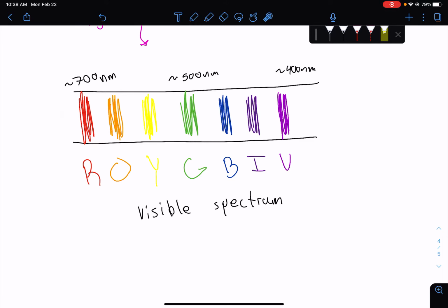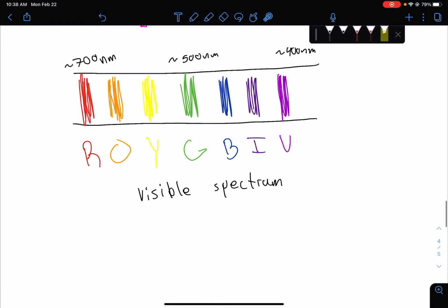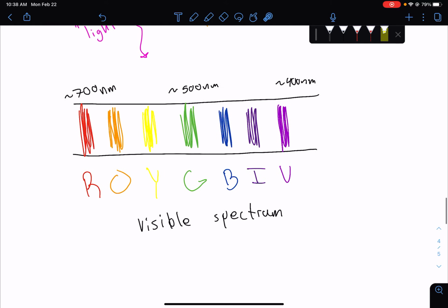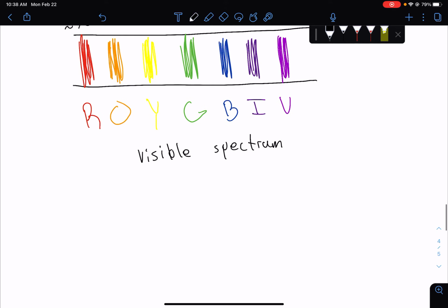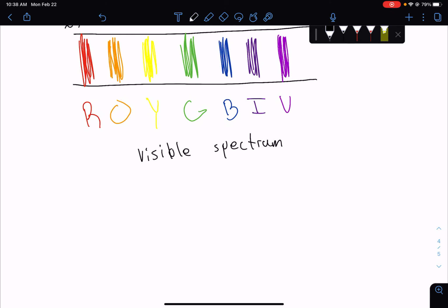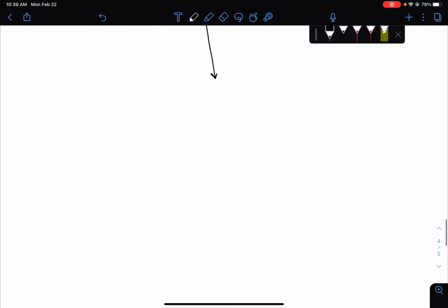It's going to be longer wavelengths, so lower energy, and we'll get to energy in a little bit. So we've got the visible spectrum, but it's only a very small part of the total electromagnetic spectrum.